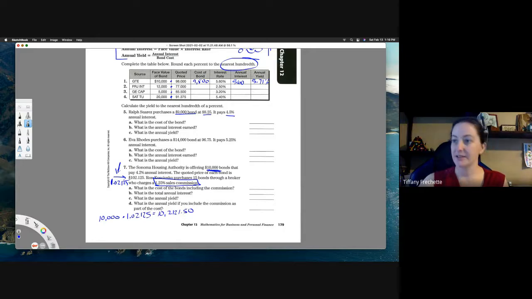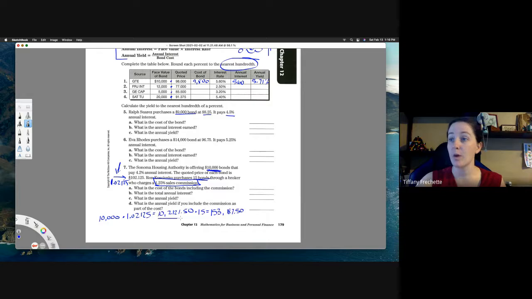And then, so this is one bond. How many did he purchase? He purchased 15 of them. So we need to multiply by 15. So he made a $153,187.50 investment here. So he definitely put quite a bit of money into these bonds, because he purchased 15 of them.